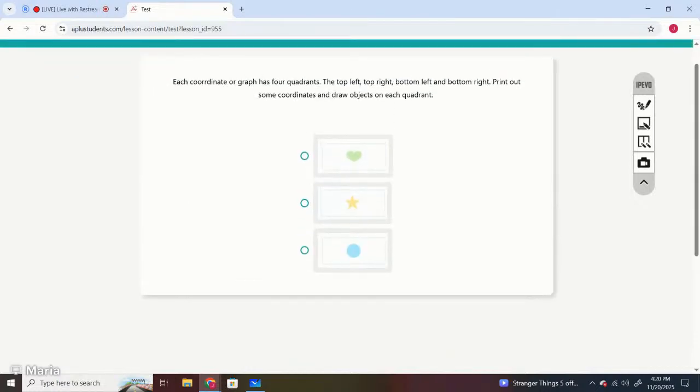Each coordinate graph has four quadrants: the top left, the top right, the bottom left and the bottom right. Print out some coordinates and draw objects in each quadrant.